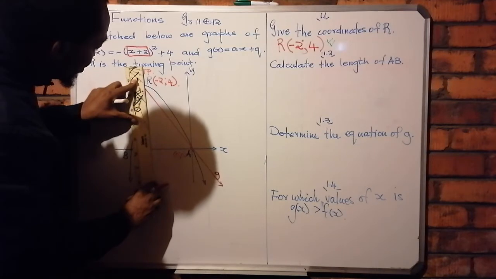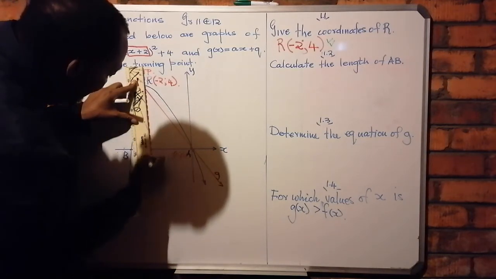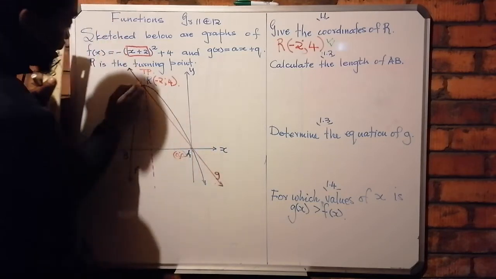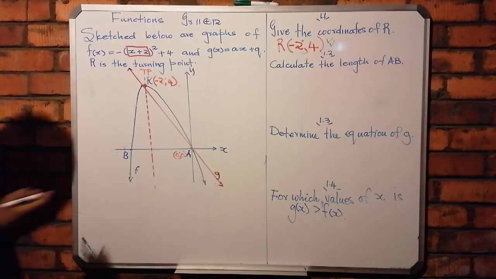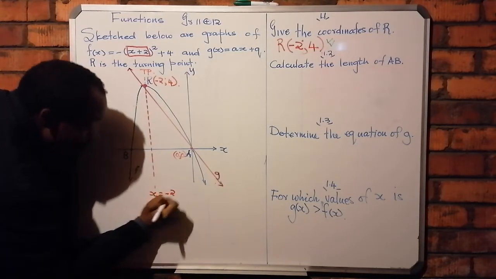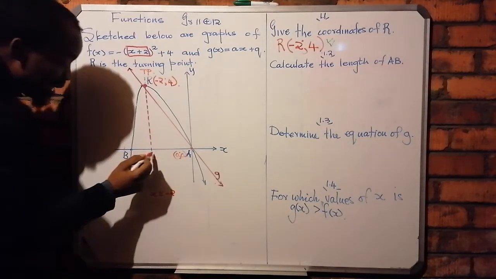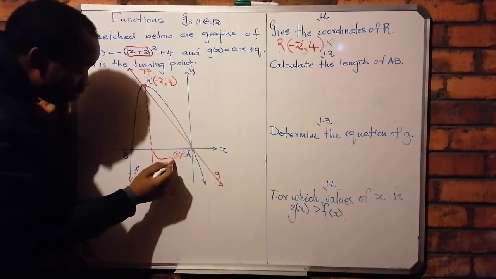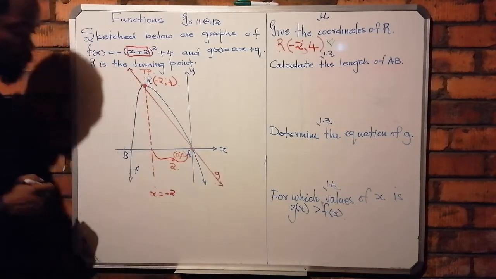I can just draw the axis of symmetry there. Axis of symmetry, and its equation is x is equals to minus 2. What does that mean? It means that from here to there, it is 2 units.